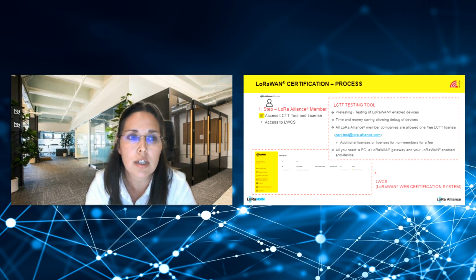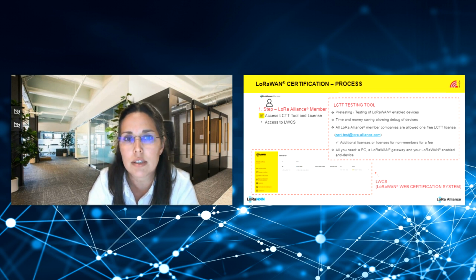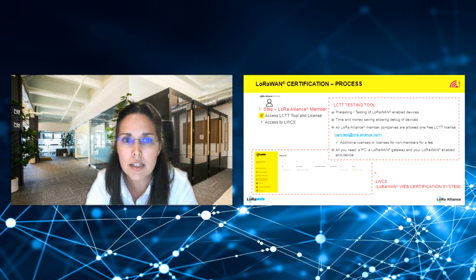Among those, you will gain access to the LCTT tool, including a free license. The LCTT testing tool is really important. It's really easy to use, and it will be helpful in order to pre-test and also test your end devices to get the LoRaWAN certification.